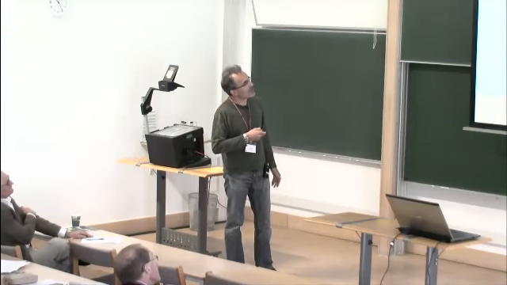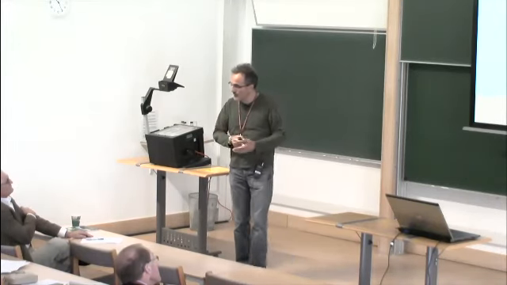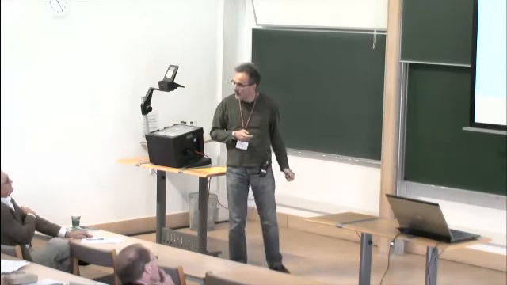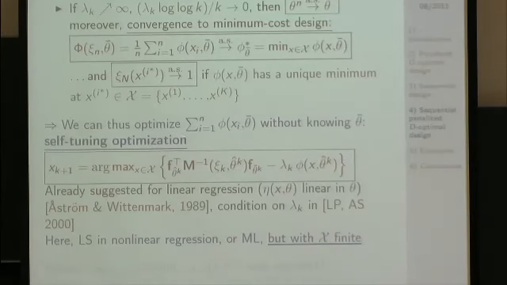And if you have chosen a suitable cost, all the design points will tend to concentrate around the point of minimum cost. Which means that we can optimize a function like this without knowing the value of the parameters, which is called self-tuning optimization. We simply have to use such a construction.